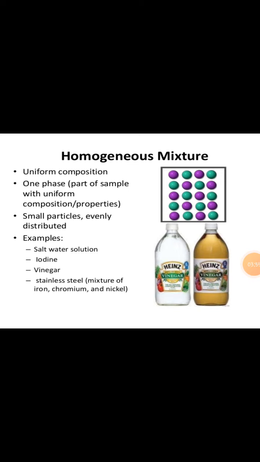We can see a lot of examples like salt water solution, iodine solution, vinegar, stainless steel. Do you know what stainless steel is? Stainless steel is an alloy, a mixture of iron, chromium and nickel. These three are present in stainless steel.